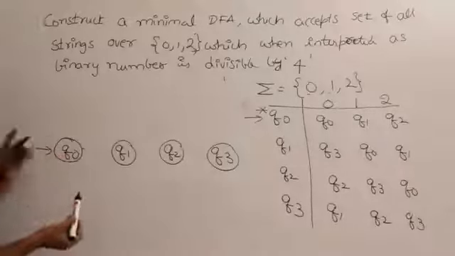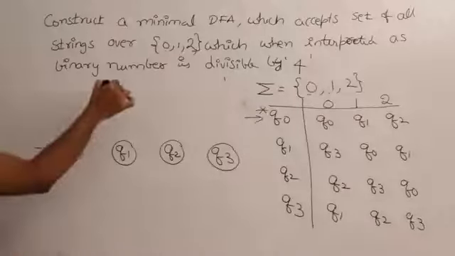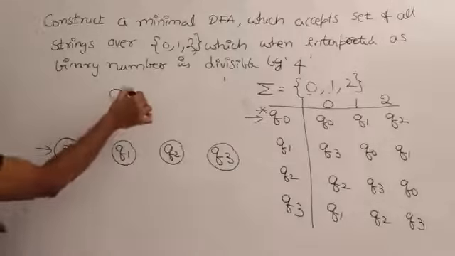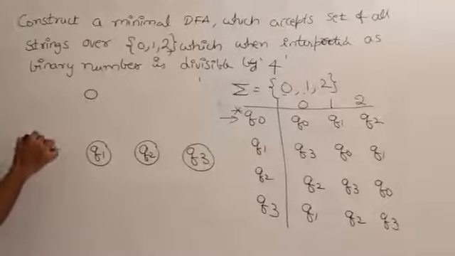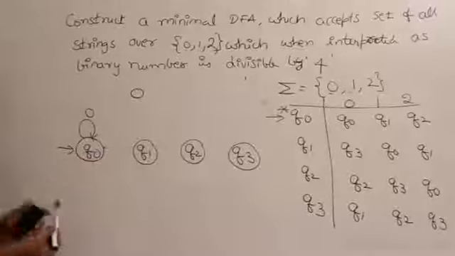What are the possible inputs? Inputs are 0, 1, 2. Initially I will be in Q0, I might get 0. If I get a 0, it is simply 0, and if I divide it by 4, the remainder is 0 itself. Therefore, Q0 on 0 is going to Q0, so I am going to be here.